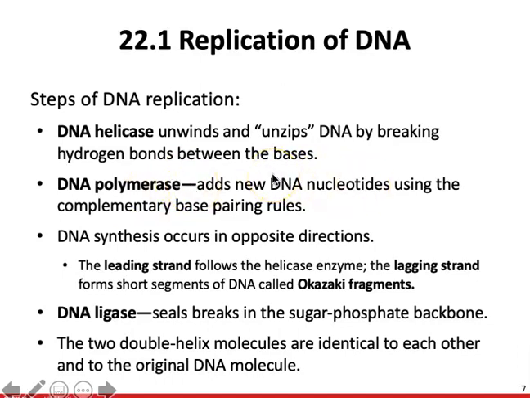DNA helicase is going to zip along the strand of DNA, breaking the hydrogen bonds that are holding the rungs of the ladder together. As it unzips those nucleotides, it's going to unwind the DNA helix, causing the two strands of the double helix to separate and unwind. Once unwound and exposed, the complementary base pairing allows free nucleotides floating in solution to pair up with the nucleotides in the now single-stranded DNA.